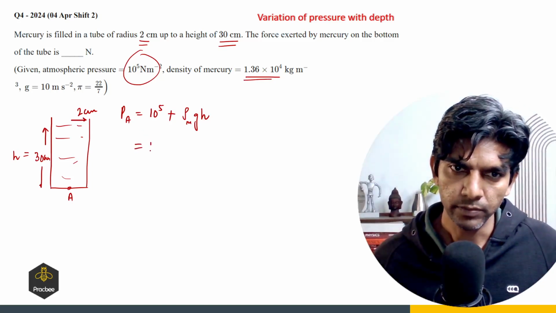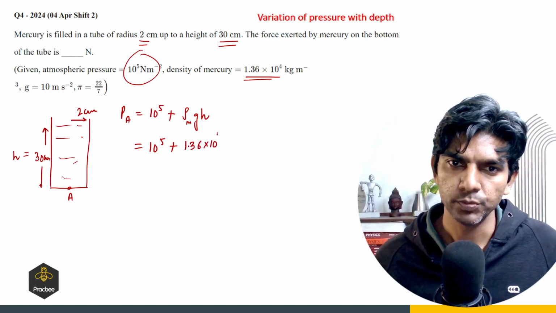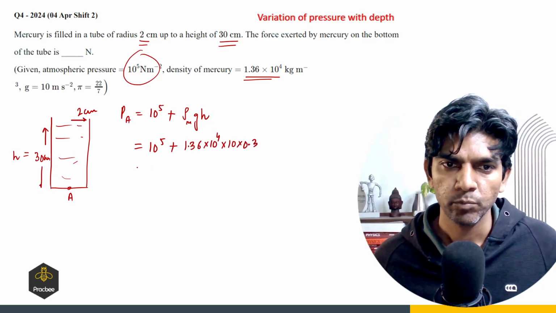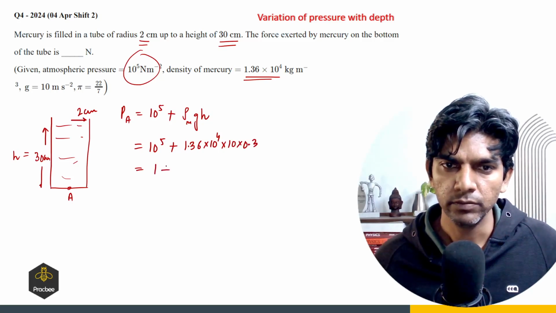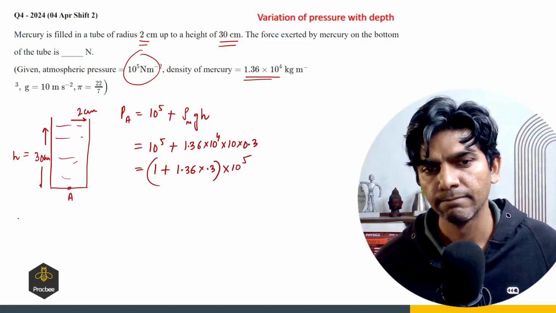So first let us find the pressure. So 10 raised to power 5 plus 1.36 into 10 raised to power 4, g is 10, h is 0.3. Now from this we get 1 plus 1.36 times 0.3 times 10 raised to power 5.